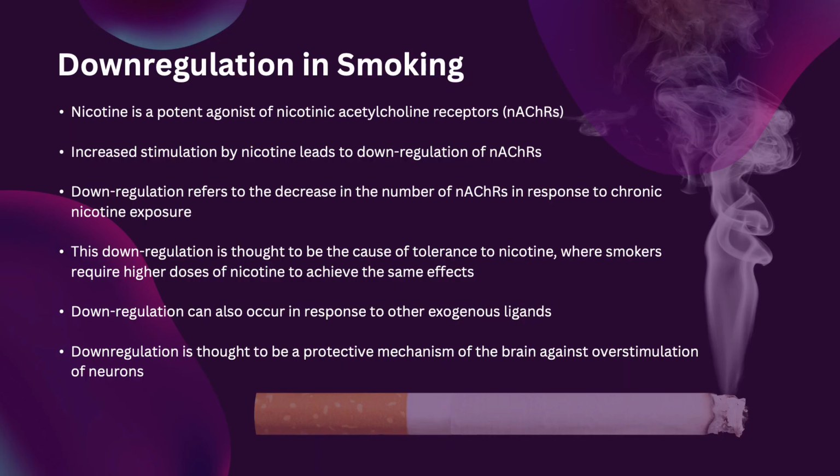There is this concept called downregulation. For example, if someone smokes for the first time, they're going to get a lot of increased stimulation at the nicotinic acetylcholine receptors, but the brain will probably downregulate the number of receptors on dendrites if you keep doing that, because it's basically just a mechanism to avoid overstimulation of neurons or something to that effect.